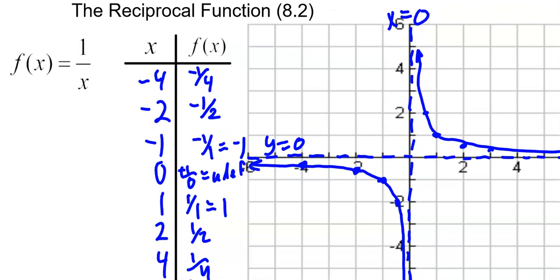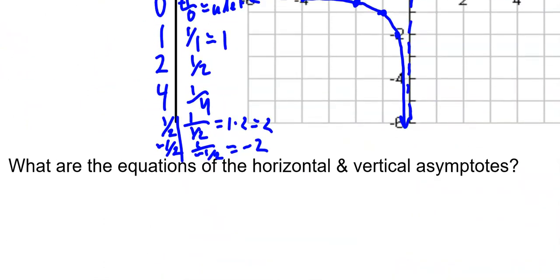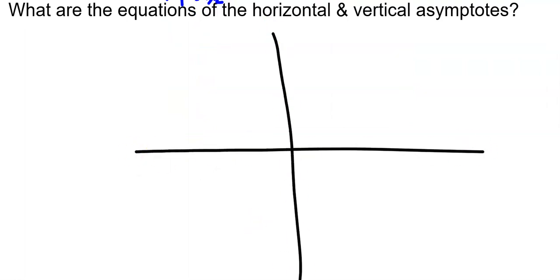You don't have to memorize all these points. If I ask you to graph f of x equals 1 over x, here's what I might expect. You basically say, okay, I've got an asymptote at y equals 0. So you have to have the asymptote if you want to sketch this out.